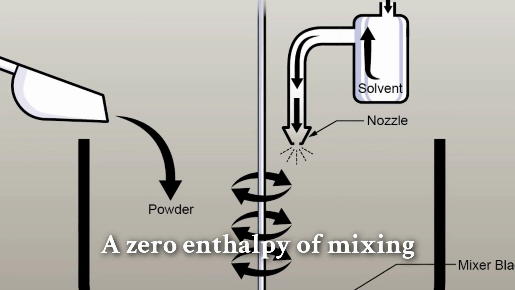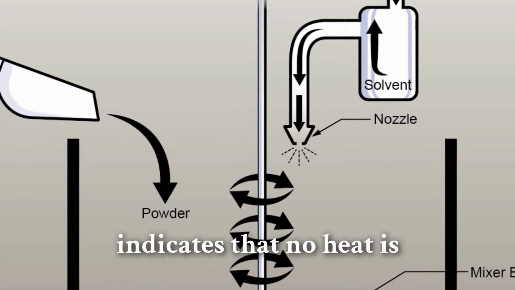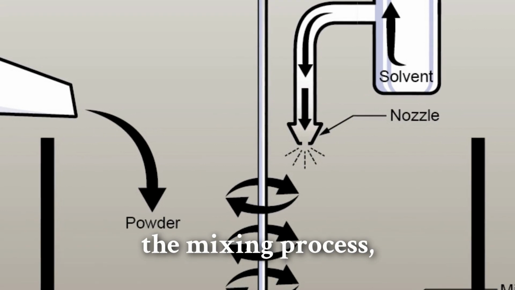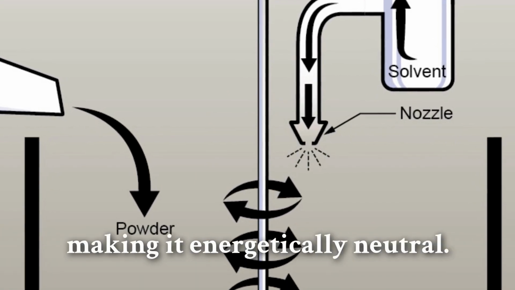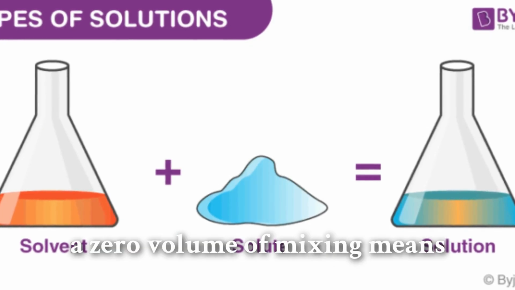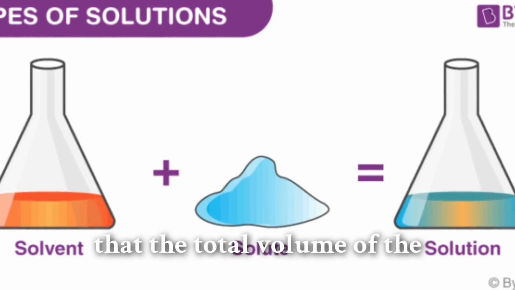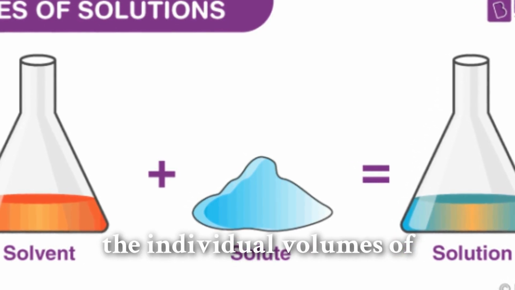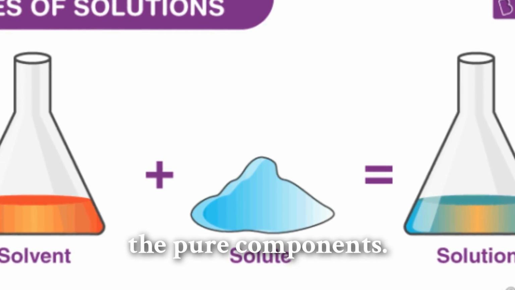A 0 enthalpy of mixing indicates that no heat is absorbed or released during the mixing process, making it energetically neutral. Additionally, a 0 volume of mixing means that the total volume of the solution is equal to the sum of the individual volumes of the pure components.